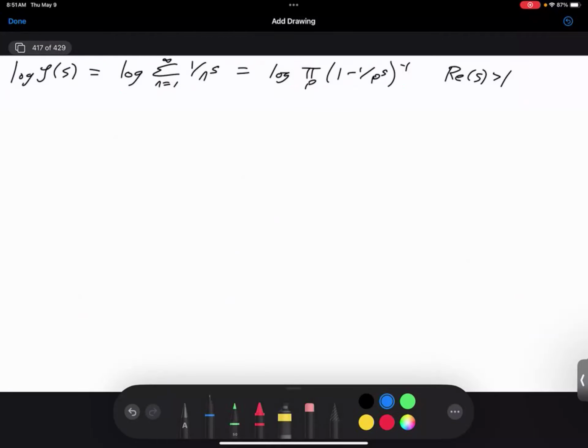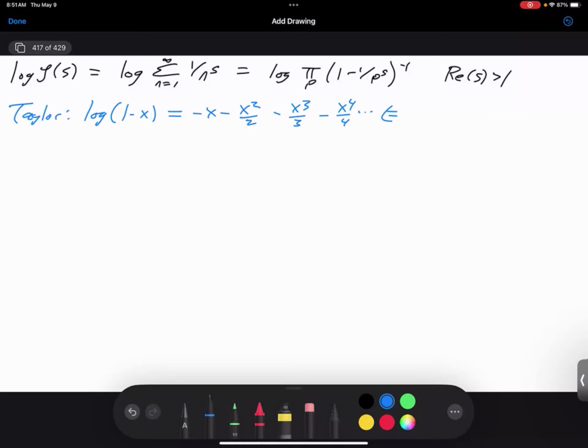Hopefully you remember your Taylor series. So the log of 1 minus x. Does anybody remember the Taylor series? So this is going to be negative x minus x squared over 2 minus x cubed over 3 minus x to the 4th over 4 dot dot dot.